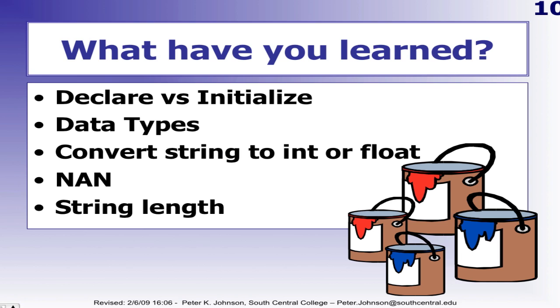Specifically, know that a string has double quotes around it and a number doesn't. You should know how to convert a string into an integer or a floating number, and you should know exactly what to do to keep that gotcha from happening, with JavaScript using the octal instead of the decimal.